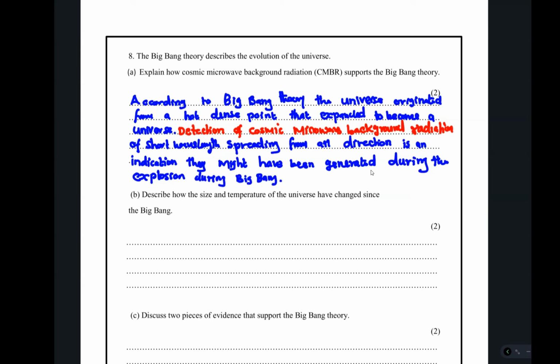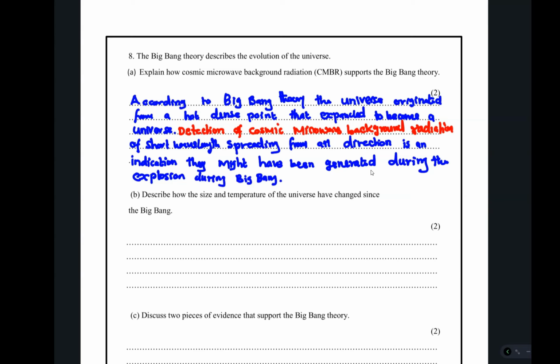So since we are able to detect this cosmic microwave background radiation everywhere in the universe, spreading in all directions, we tend to imagine that they might have been created during the explosion. So this is the evidence.